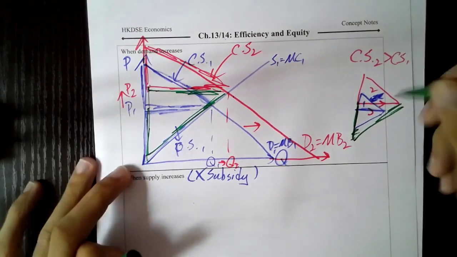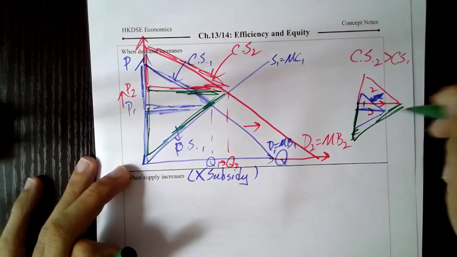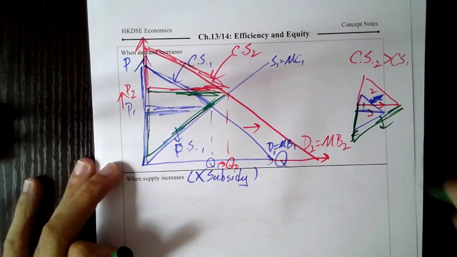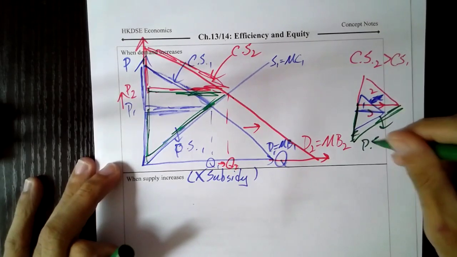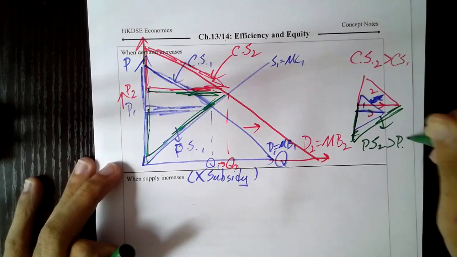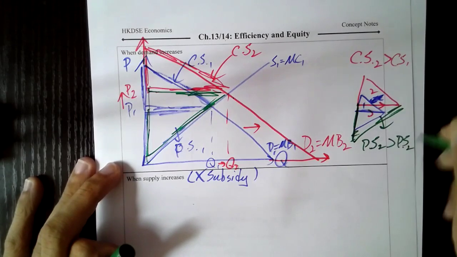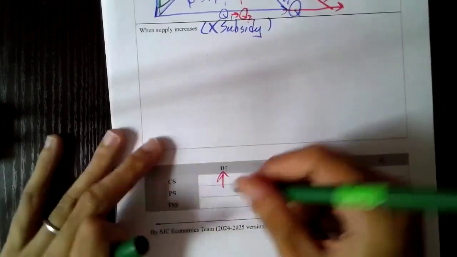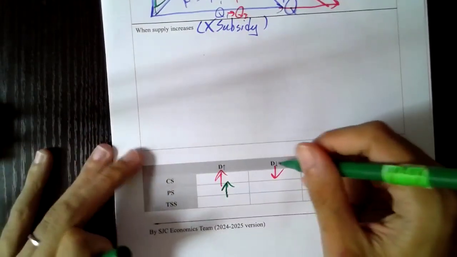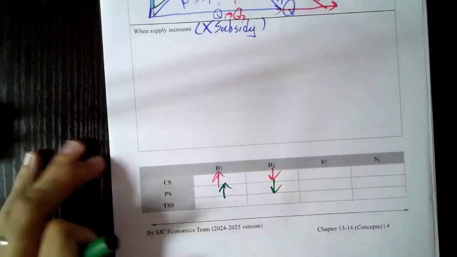You see, it would have increased definitely. Producer surplus 2 is also larger than producer surplus 1, meaning producer surplus increases. And of course, if demand decreases, this one will decrease.